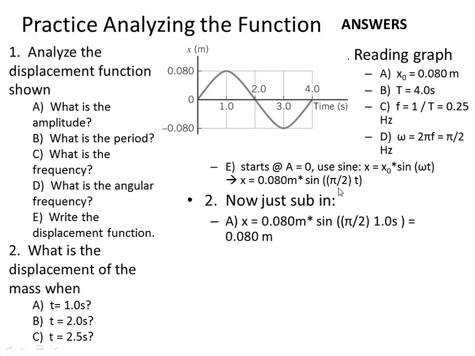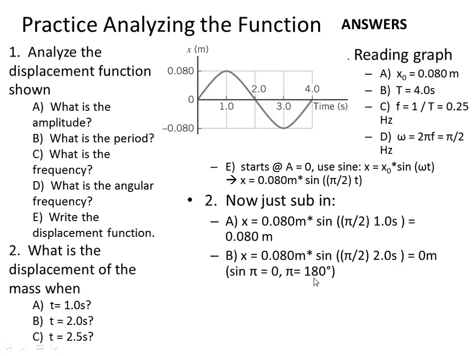Sine of pi, or the sine of 180, is 0. And then 2.5. Maybe you can't do that one in your head. Sure, plug it in, no big deal. What do we get? Negative 0.707.